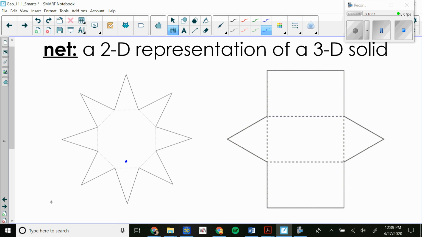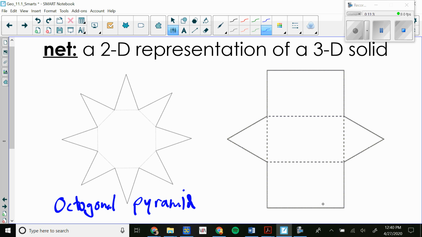So this would be an octagonal, I think, and it goes to one point, so that's called a pyramid. I think I'm saying that right. Octagonal pyramid. If there were another one of these as a second base, that would be an octagonal prism, but since it comes to one point, it is a pyramid.